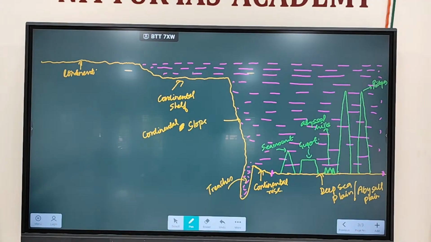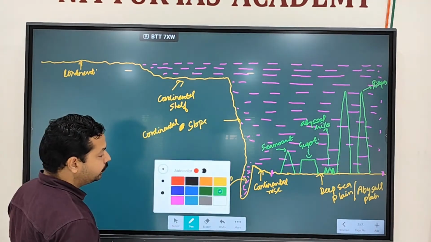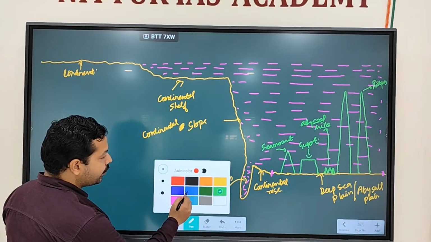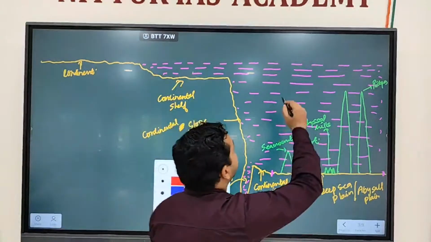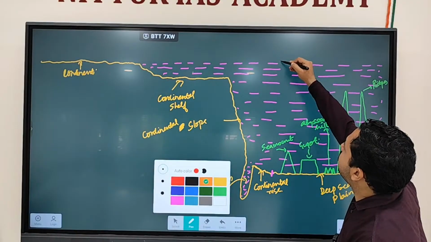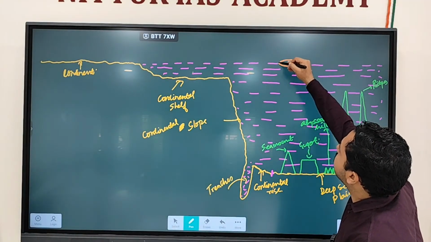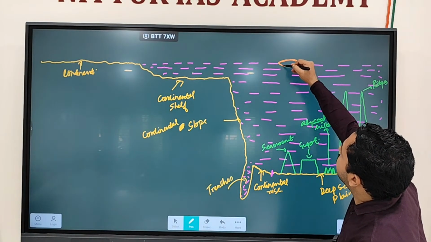Now you'll also see the features of, here you'll find something like this.